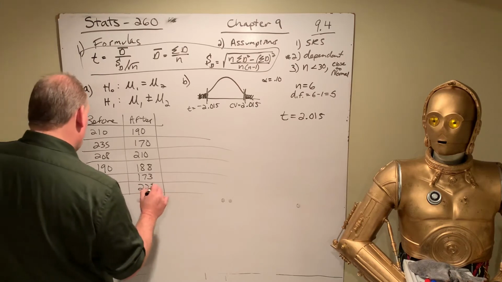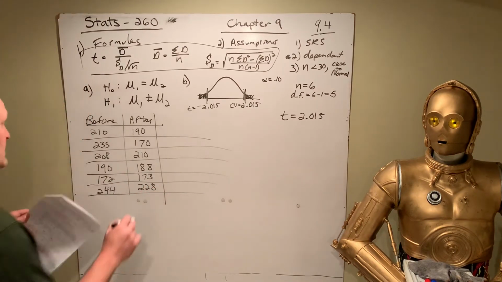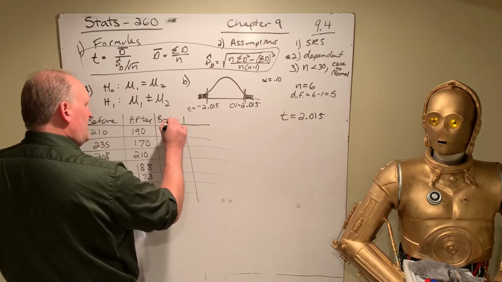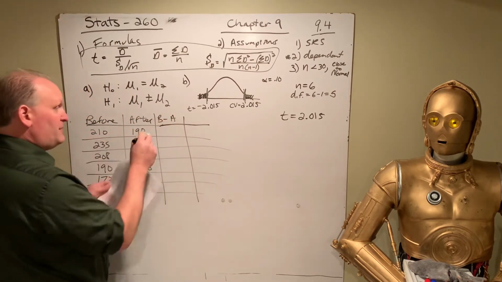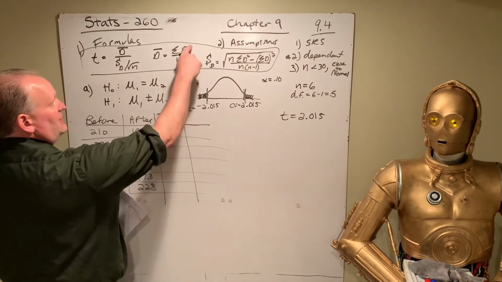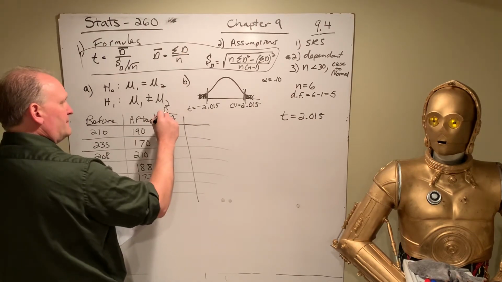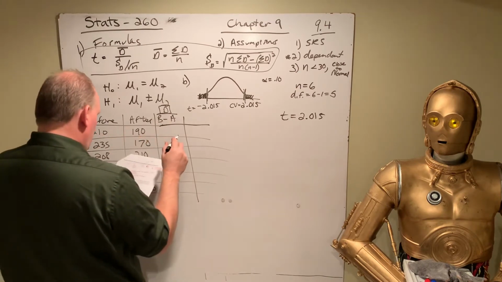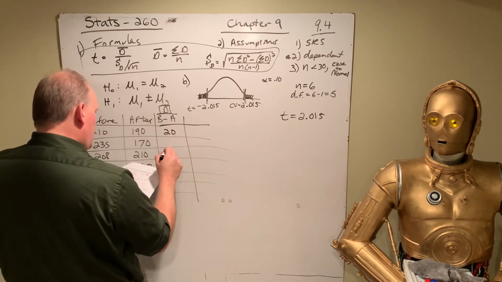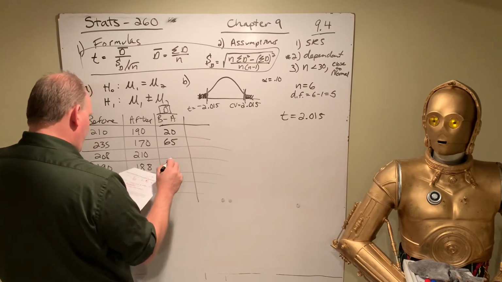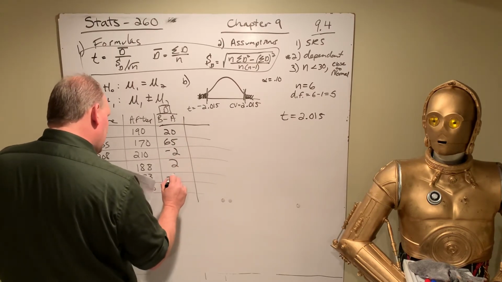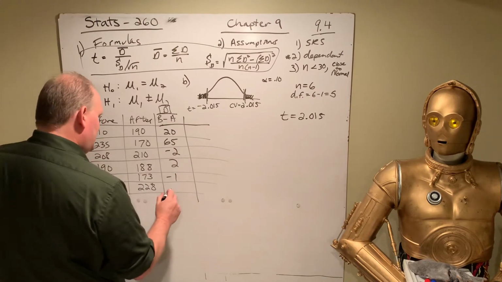It looks like mostly they were lowered. So let's do before minus after. These are going to be basically the differences. That's D. So this one minus that one is 20 and 65 and negative 2 and 2 and negative 1 and 16.